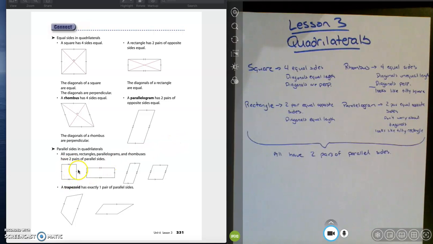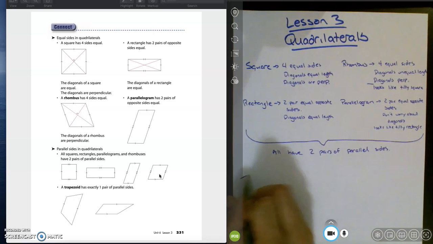So one pair, two pair, one pair, two pair, one pair, two pair, one pair, two pair. You'll notice it doesn't matter if they're vertical or horizontal. It's just that they're parallel. So the square has two pairs, the rectangle has two pairs, the parallelogram has two pairs, and the rhombus has two pairs of parallel sides. Just keep that in mind. That's the final thing because it's going to become important in the next part. So the next one is the trapezoid.